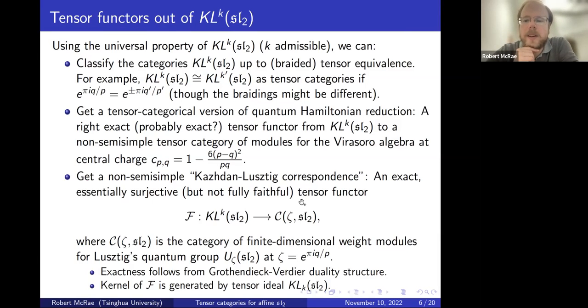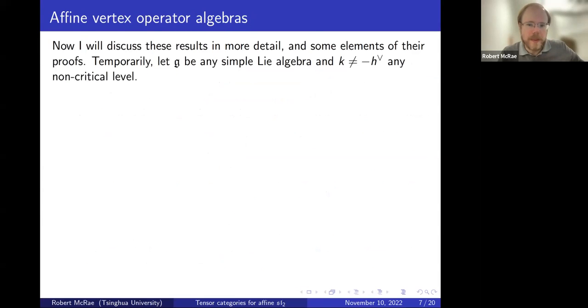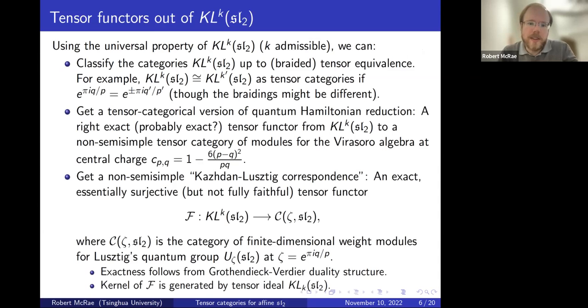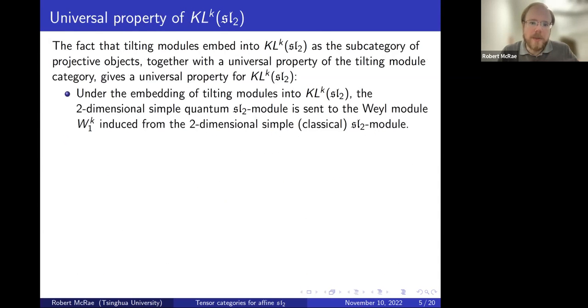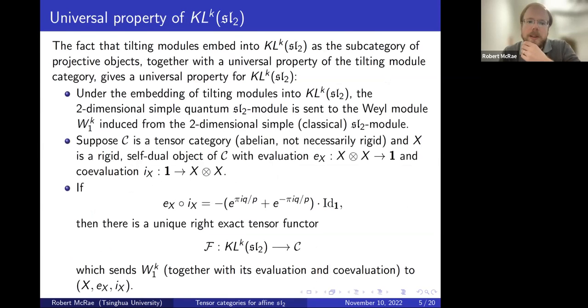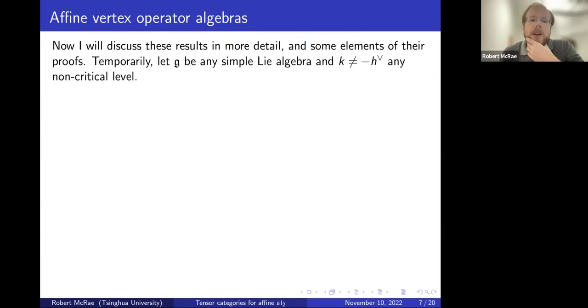The exactness is not immediate because the universal property says you get a right exact functor. But this extra duality, this Grothendieck-Verdier duality structure coming from contragradients, can be used to prove exactness. Okay, so this is just a summary of the results on KLK. Now I'll discuss some of these results in a little more detail.